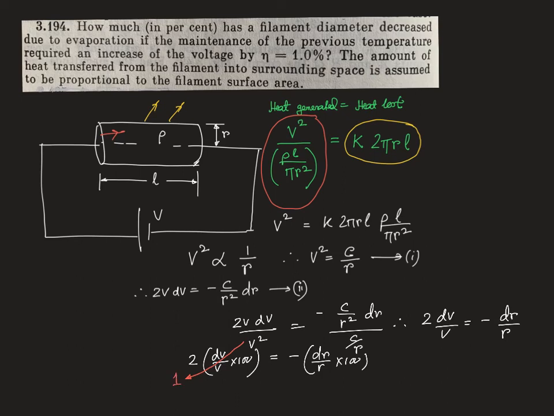Therefore dR by R into 100, which is the percentage change of diameter or the radius, is minus 2%. That was 1%, right? So this is minus 2%. So there will be a decrease of 2%.